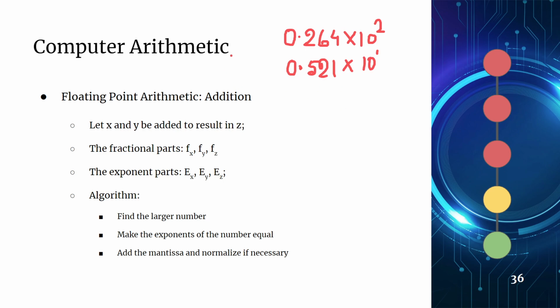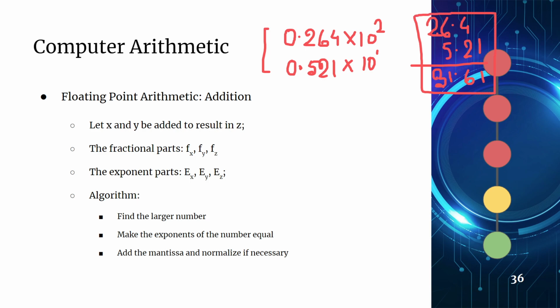Suppose these are the two numbers that are given, so we can say the actual numbers are 26.4 and 5.21. For our sake, let us first see what the actual answer is: 31.61. But this is not the mechanism we will want to use. This is just a check so we know that our math is working fine.